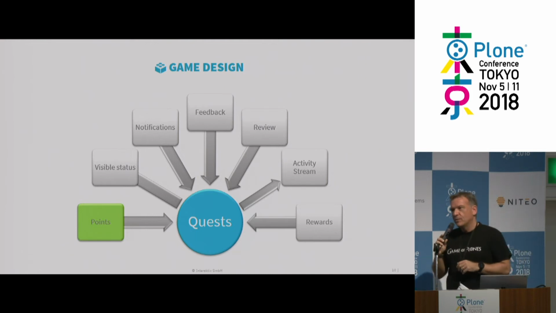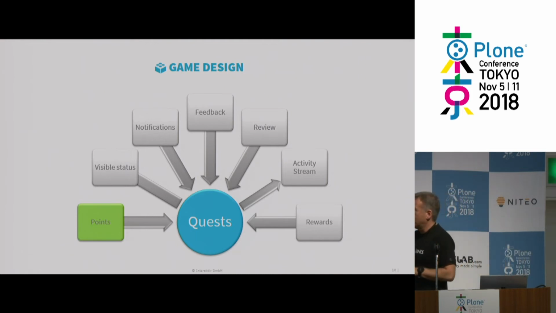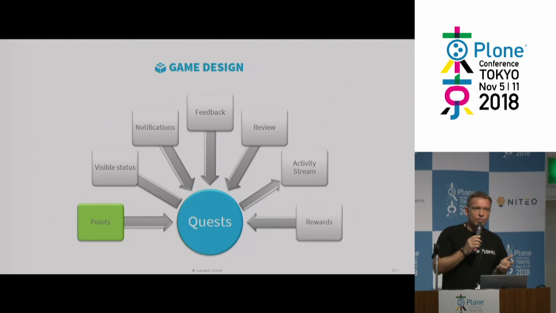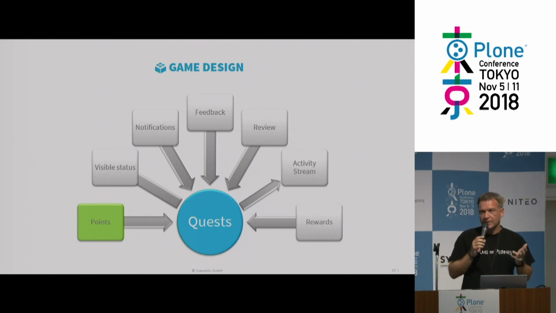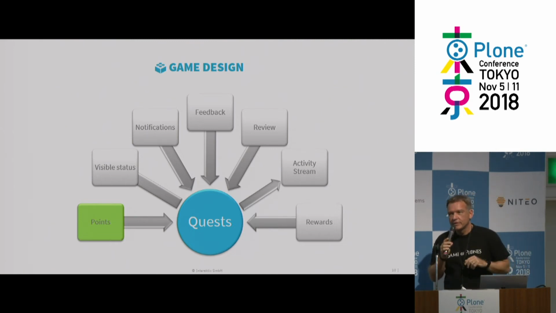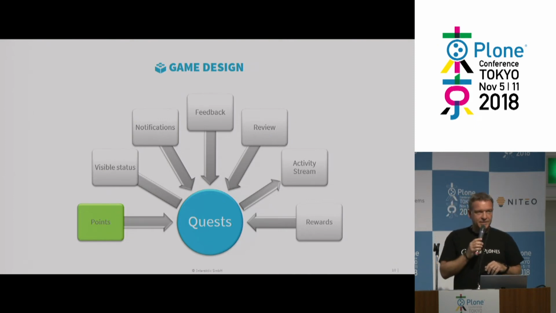And finally, when you collected your points, there's a reward system, and you can exchange your points for immaterial or material rewards. The reward system is important for the motivational factor. Of course, you should build your gamification system more on the intrinsic motivation.